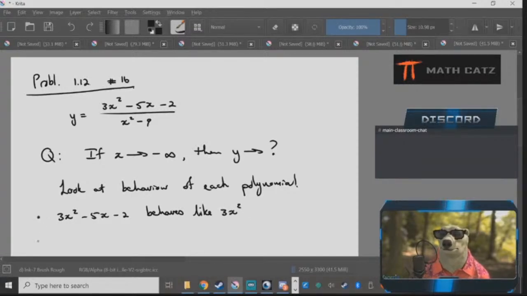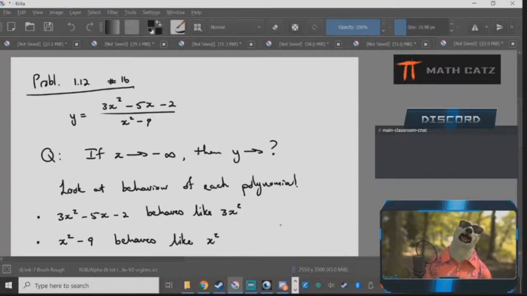Second one, the denominator, x squared minus 9, behaves like its leading term, x squared. And I can only say that, let me just emphasize, when I'm looking at the two extremes, x going to positive or negative infinity. Anything with x approaching a specific number, that's a whole different question for a whole different chapter that we have to do later. This is only long-term behavior.